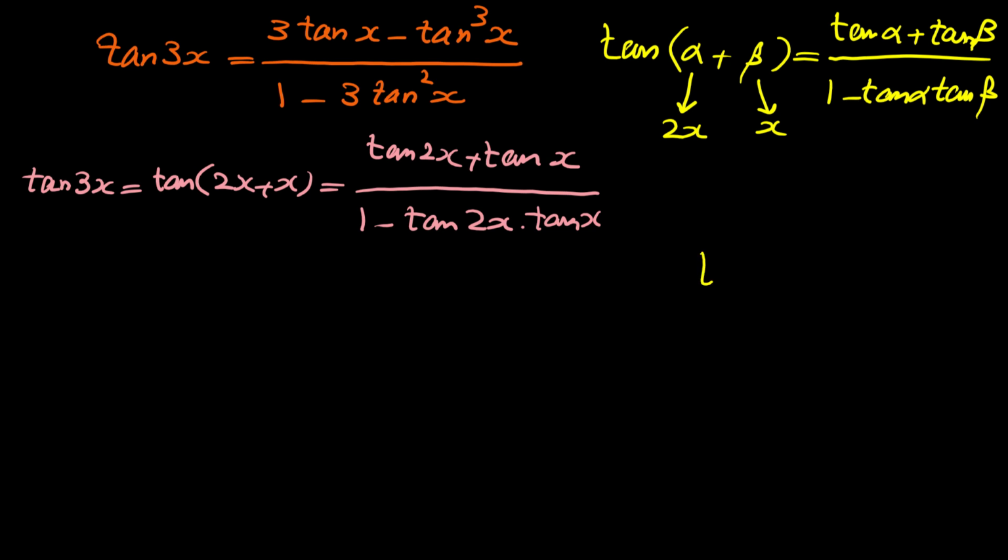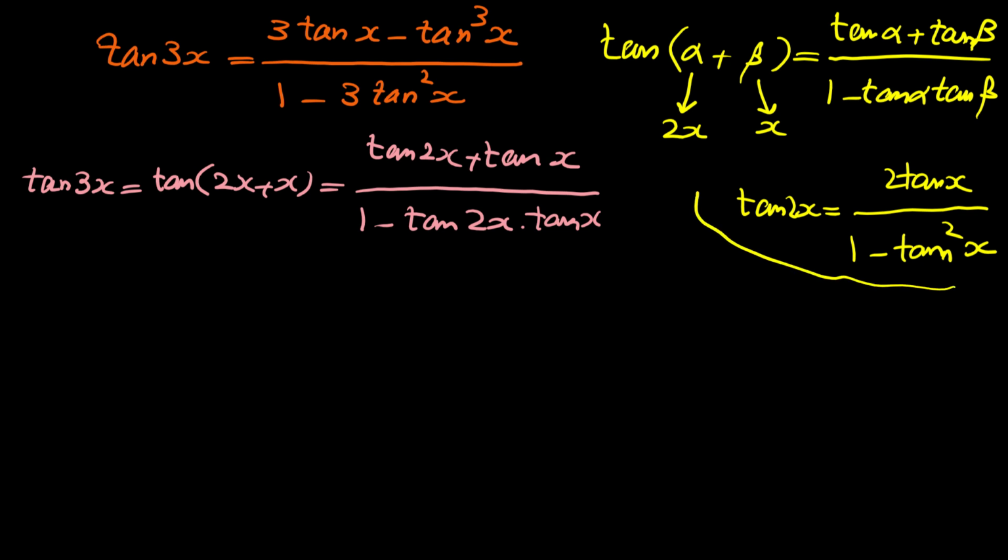Tangent of 2x is 2 tangent x over 1 minus tangent squared of x. This is the formula that we have for tangent of 2x.